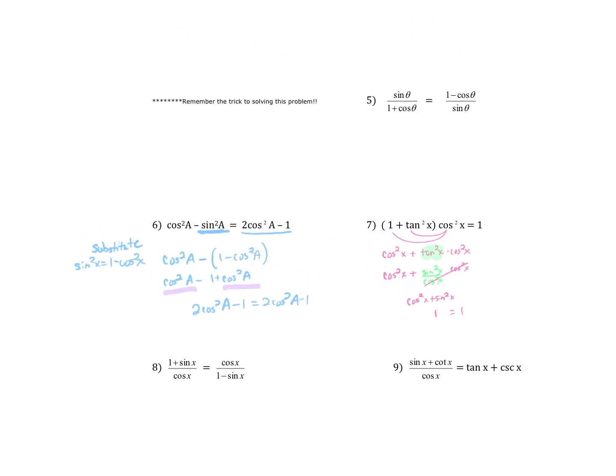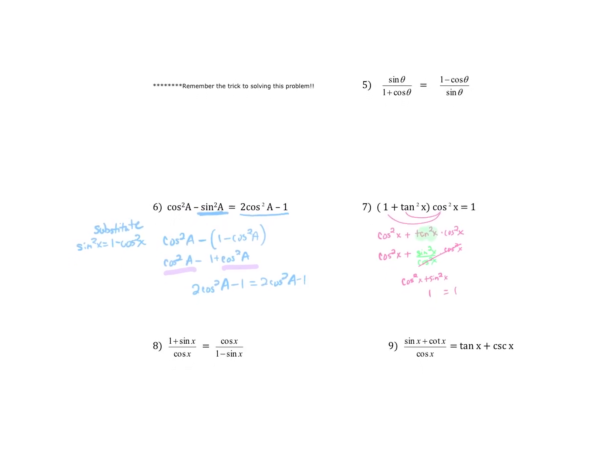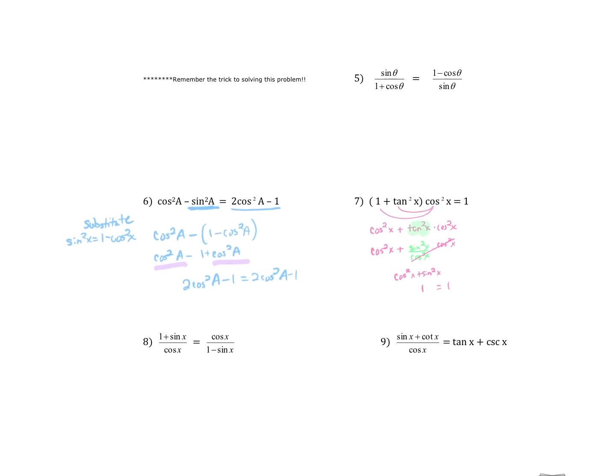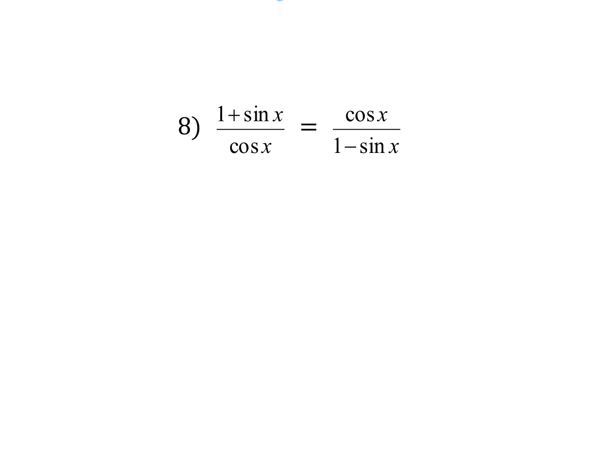number 8, we're gonna do similar processes we did for number 5. So I like that we are waiting a little bit later to do that because you guys have to remember what that trick is. So what are we gonna do on number 8? Multiply by the conjugate. Are we gonna multiply on the left or the right? The right-hand side.